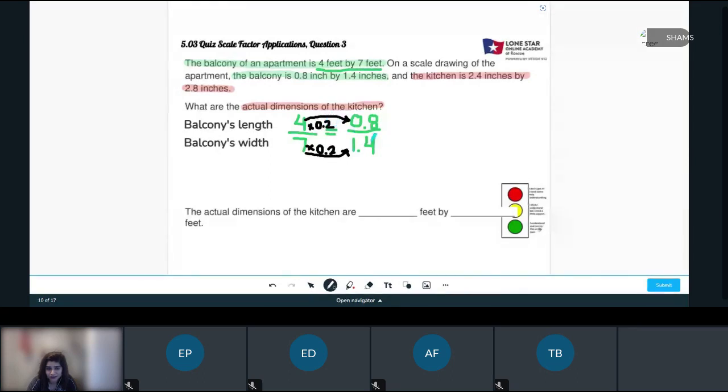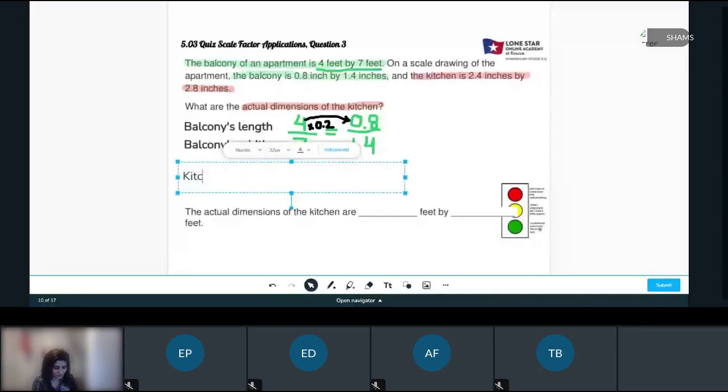This is the scale factor that they used. Now, on the other hand, they are talking about the kitchen, the kitchen's length and kitchen's width.